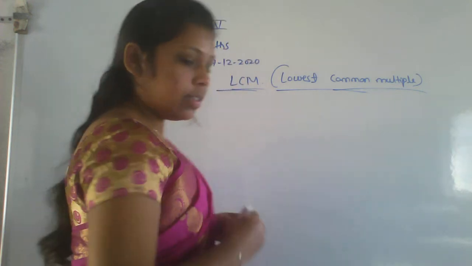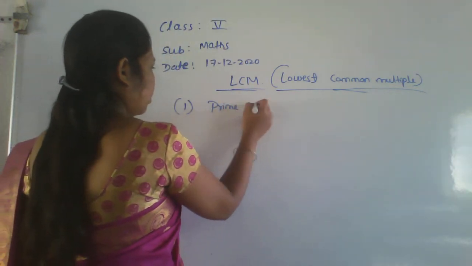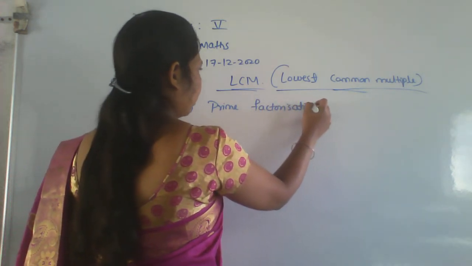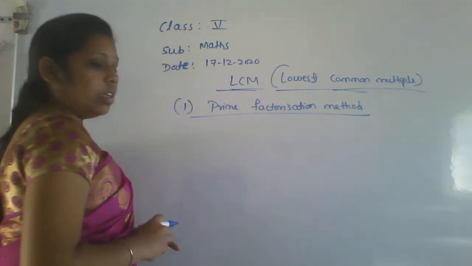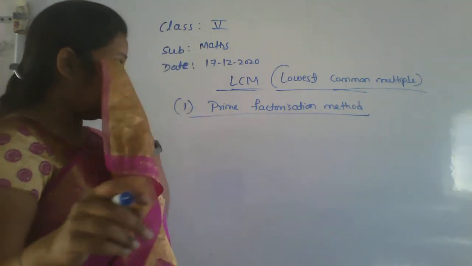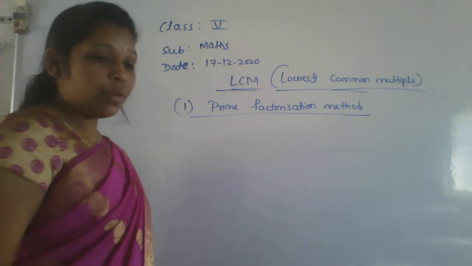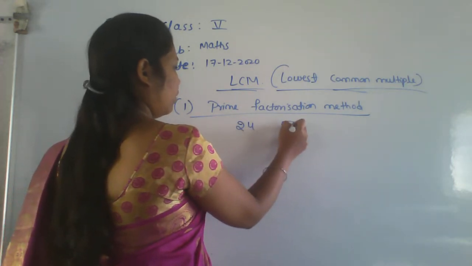The first one is the prime factorization method. So first, the example is 24 and 56.